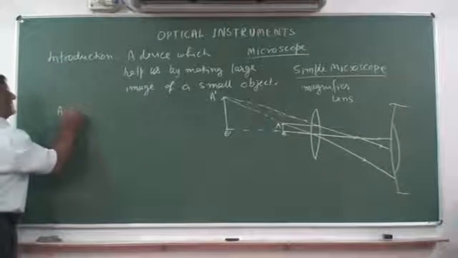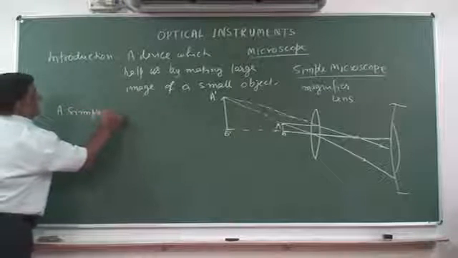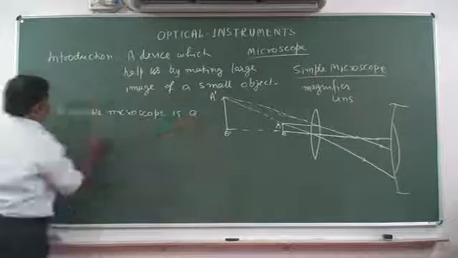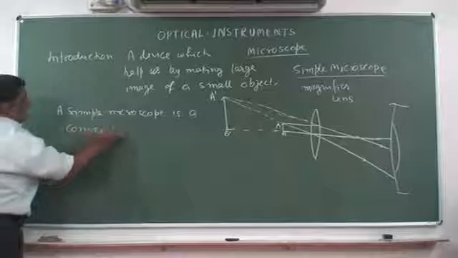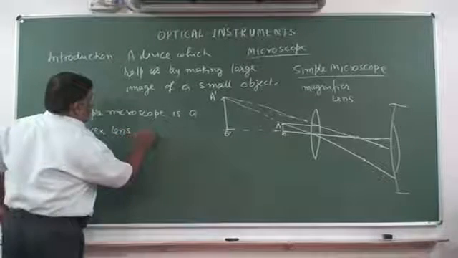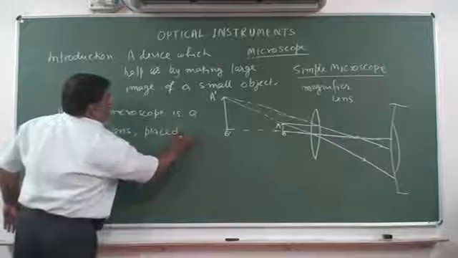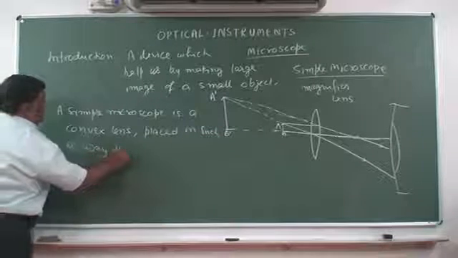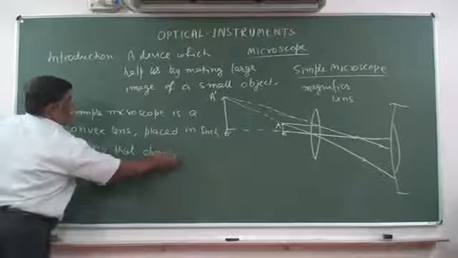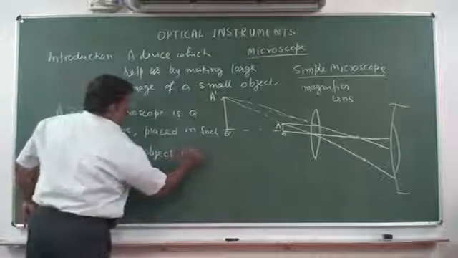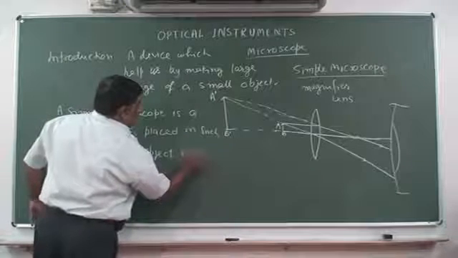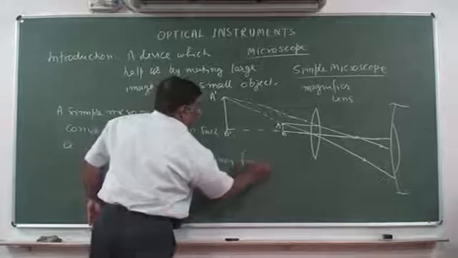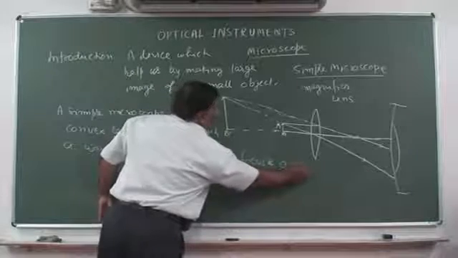A simple microscope is a convex lens placed in such a way that object is between focus and optical center.